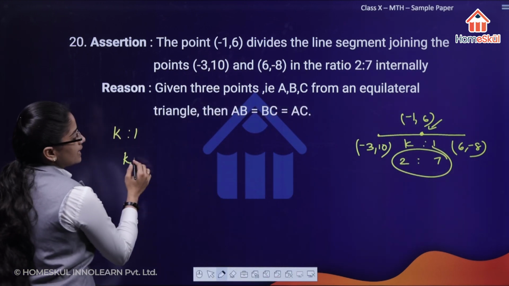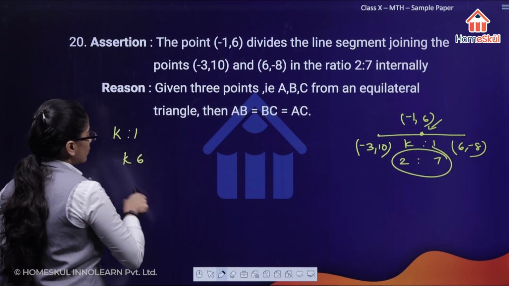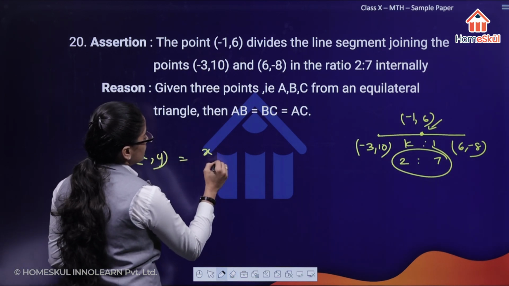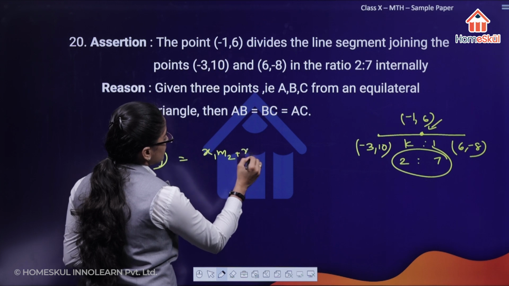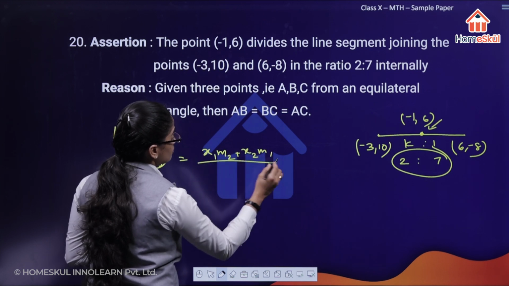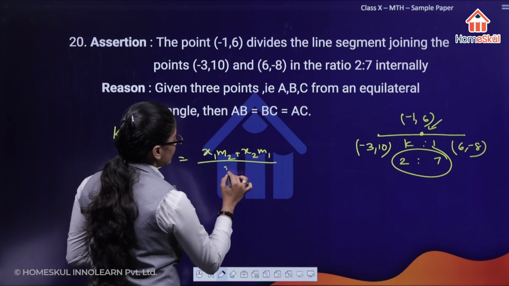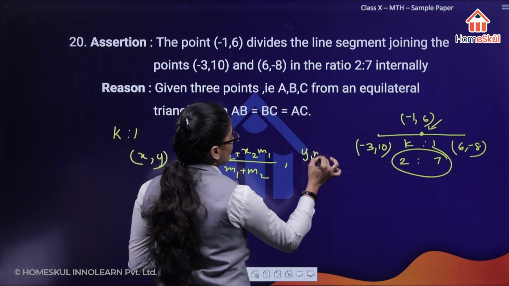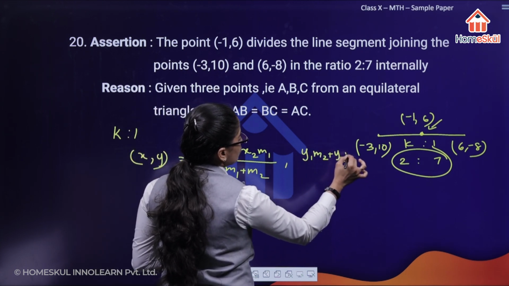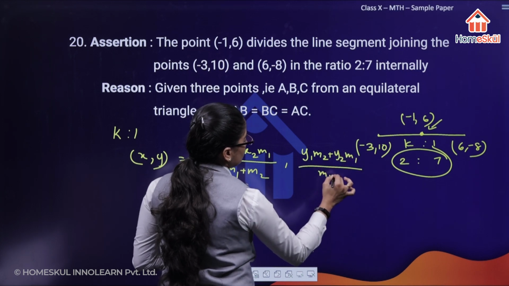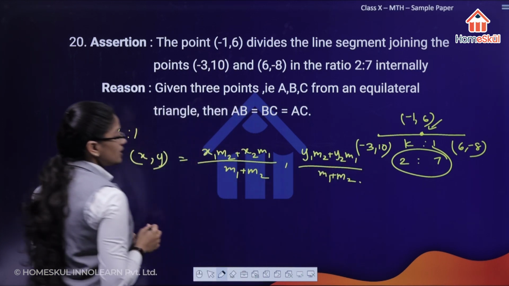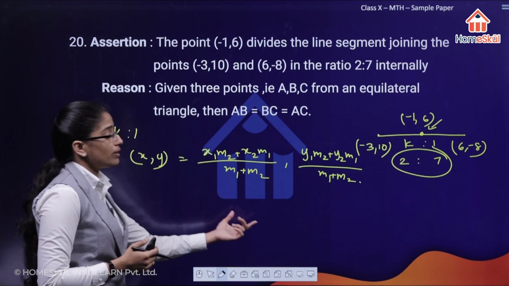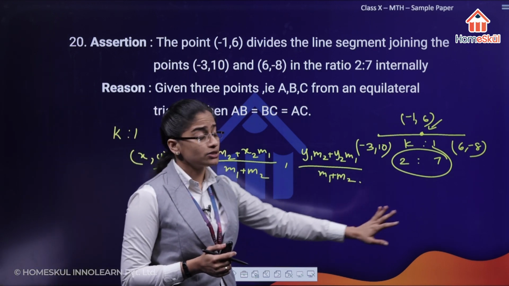What is the section formula? x, y is equal to (x1 m2 plus x2 m1) by (m1 plus m2), and the y coordinate is (y1 m2 plus y2 m1) by (m1 plus m2), isn't it? So, using the section formula, we will be checking whether m1:m2 or k:1 is equal to 2:7, okay?